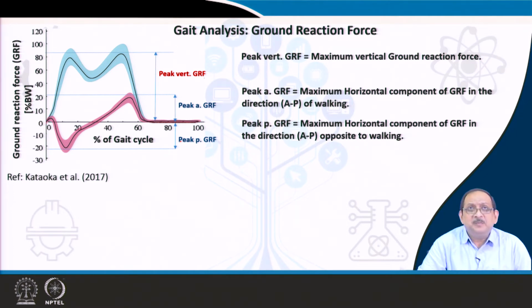In the figure presented here in the slide, the vertical force component and the force component along the anterior posterior direction are shown. The variation of these two components of the ground reaction forces during the gait cycle has been presented here.